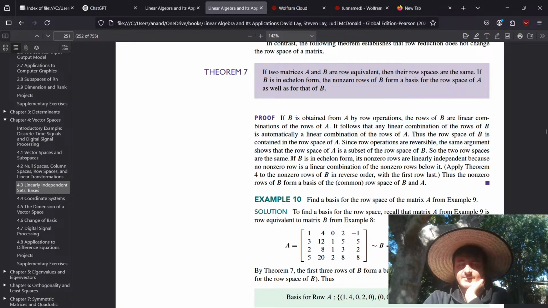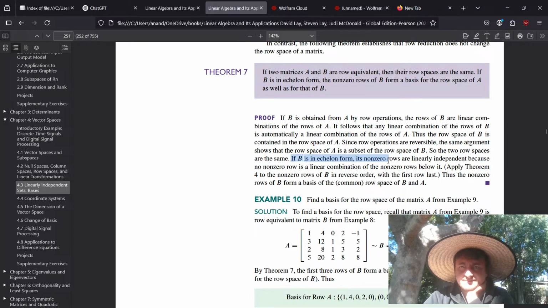Okay, that makes sense. If B is an echelon form, its non-zero rows are linearly independent because no non-zero row is a linear combination of the non-zero rows below it.